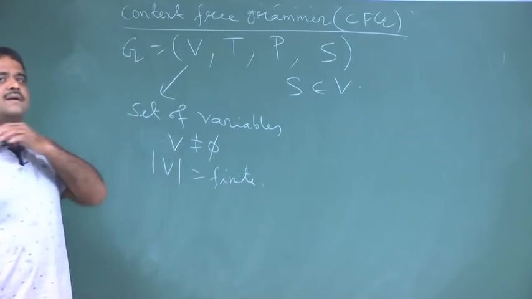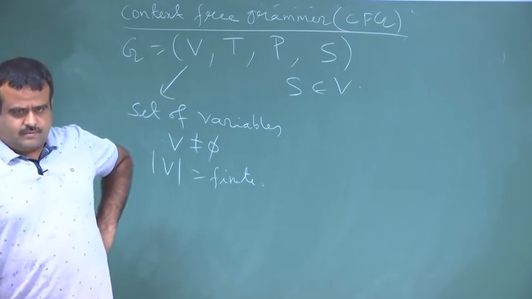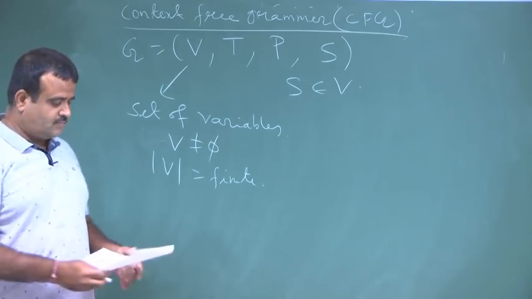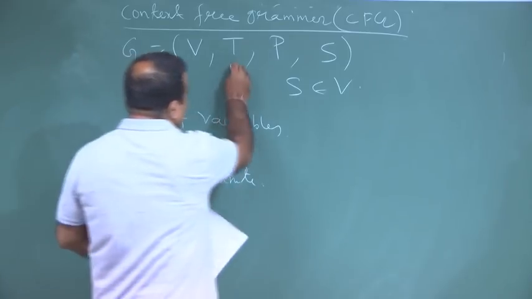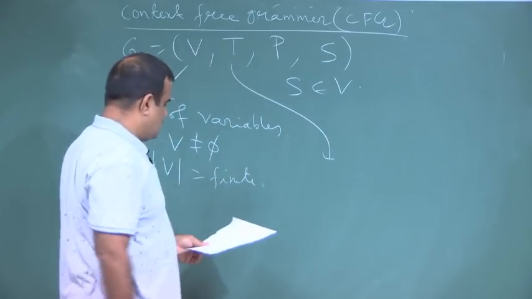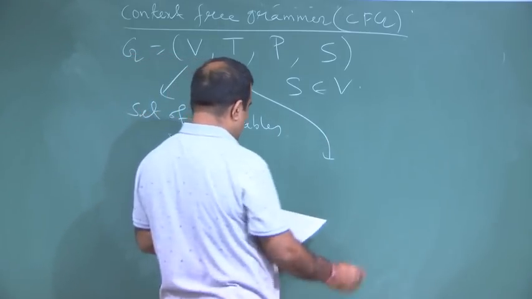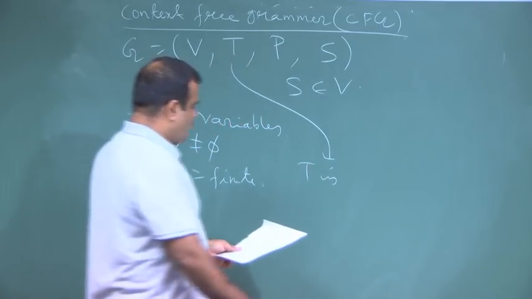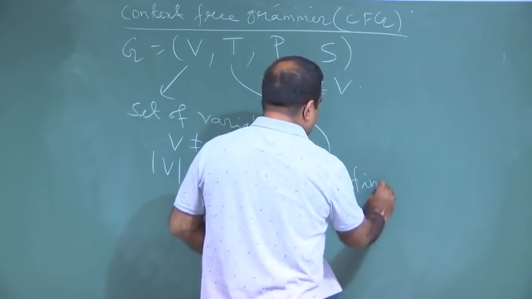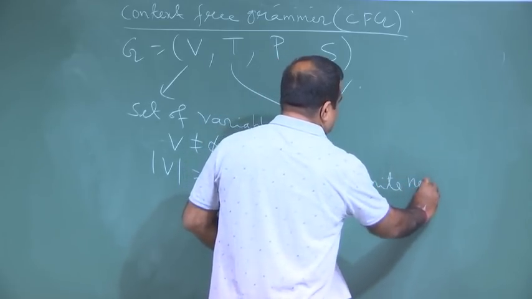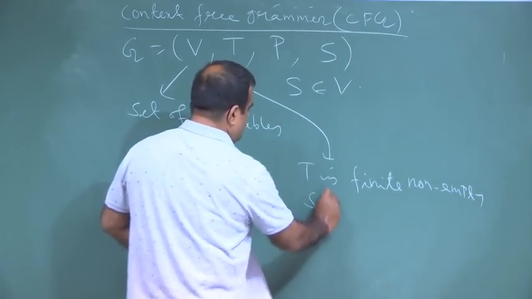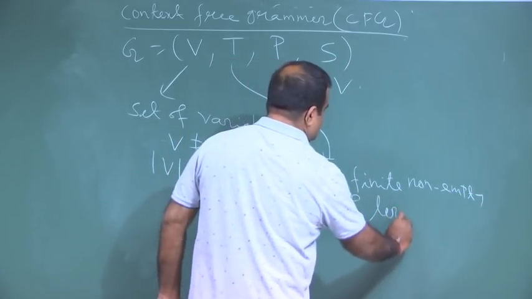It is a finite, non-empty set of variables. And what is T? T is the terminals. Again this set is finite. T is a finite non-empty set of terminals.